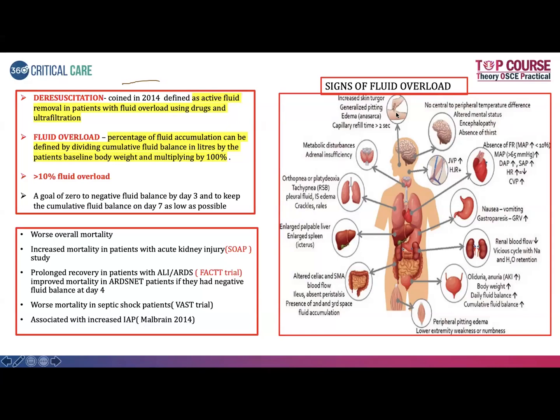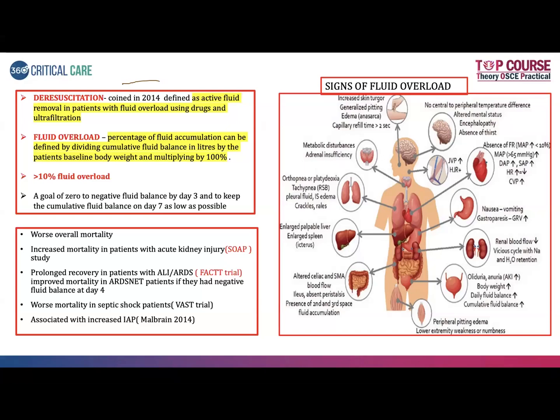So what are the signs of volume overload that you can look into? Organ by organ: skin turgor, pitting edema, and capillary refill time will go up. Your CVP will go up. The patient will become encephalopathic, with absence of thirst. In fact, your blood pressure will be on the higher side. Gastroparesis, renal blood flow will be decreased. There can be congestive nephropathy resulting in AKI.